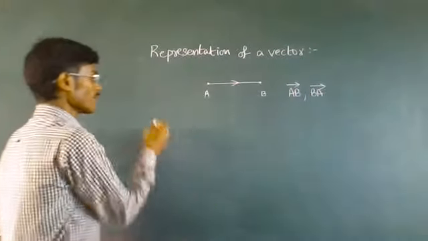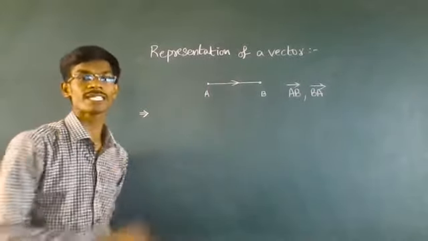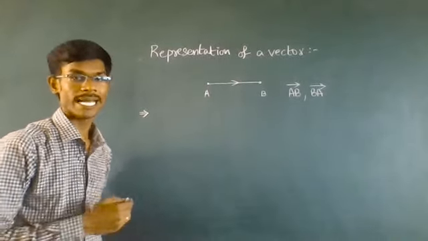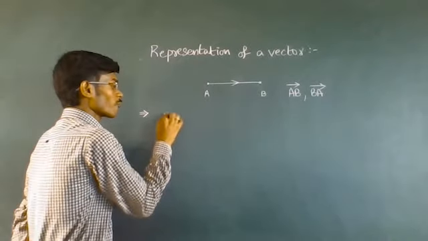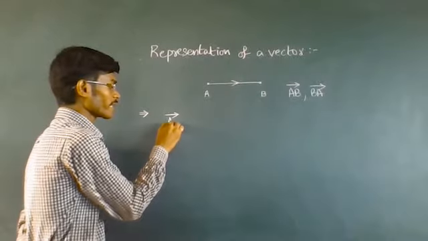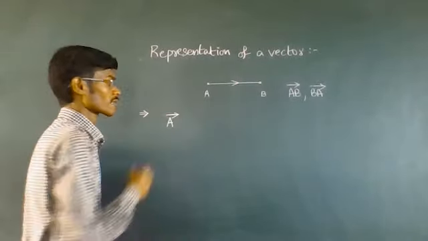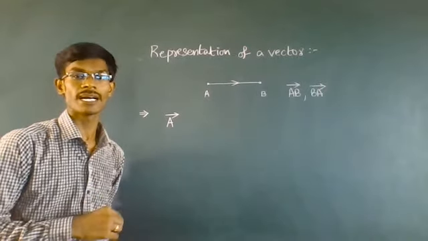See here, every physical quantity or vector physical quantity will be represented as an alphabet overheaded with an arrow. Here, the alphabet is used to represent the magnitude, and this arrow mark is used to represent the direction.